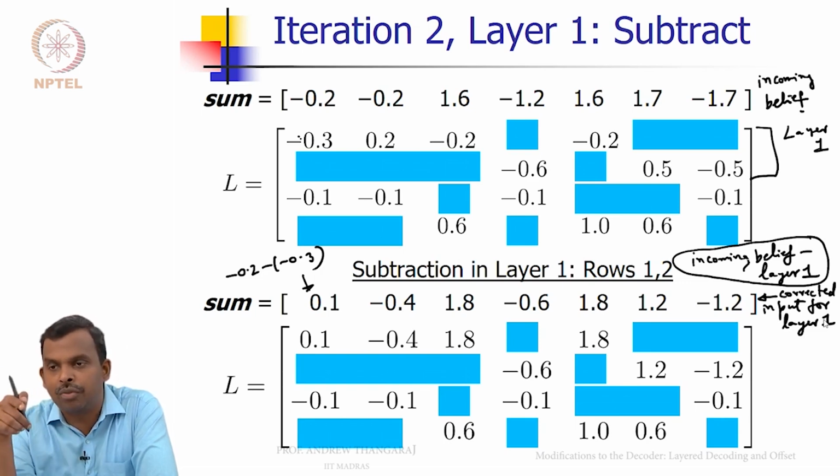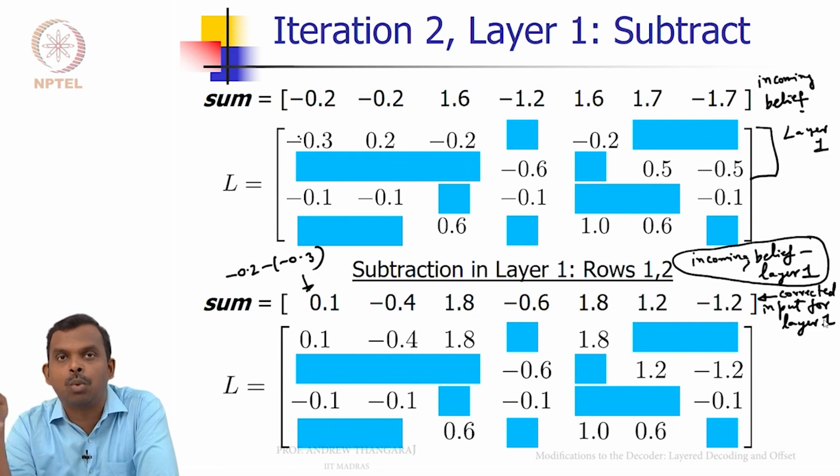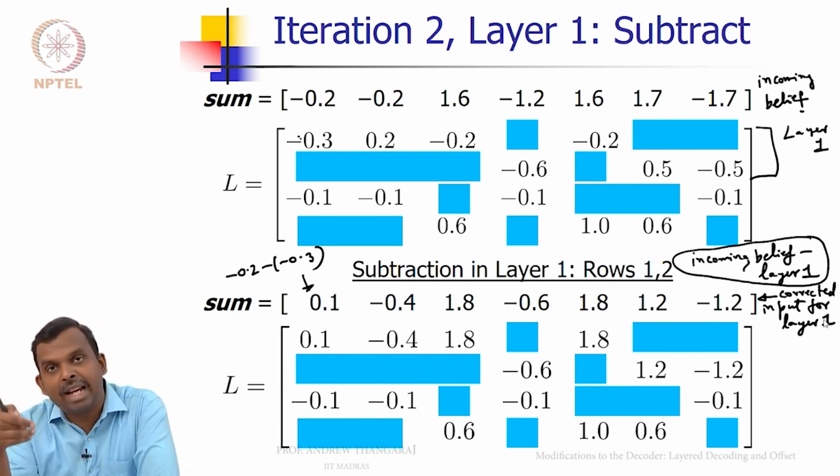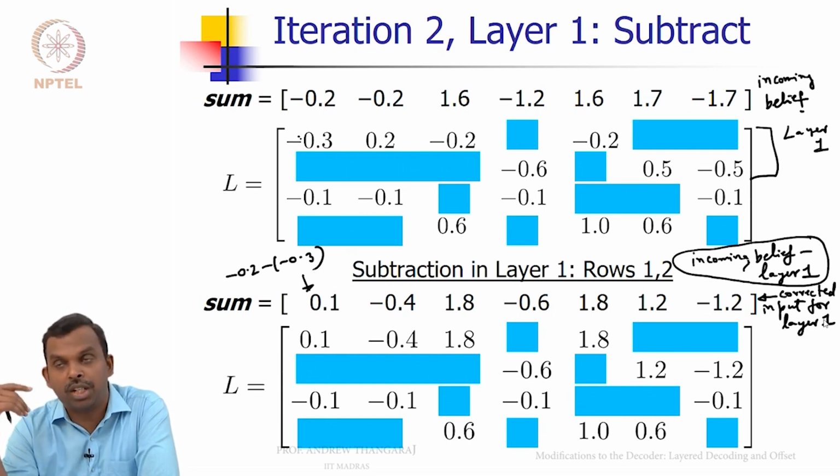Because the incoming belief actually had some input from layer 1 itself. In the previous iteration, there was some input from layer 1 which was used in updating the incoming belief. Now, when it comes back again to you, you have to subtract that influence. What you contributed to the incoming belief in the previous round has to be subtracted out before you do fresh processing, so that you use only the new input that came in your processing.